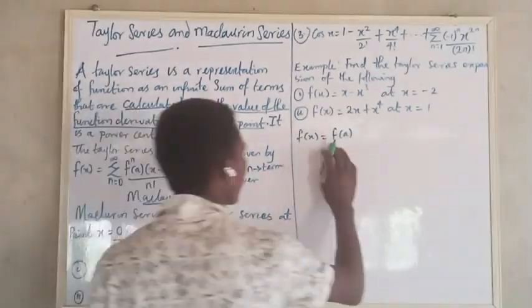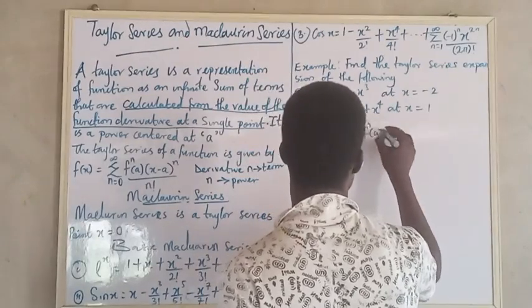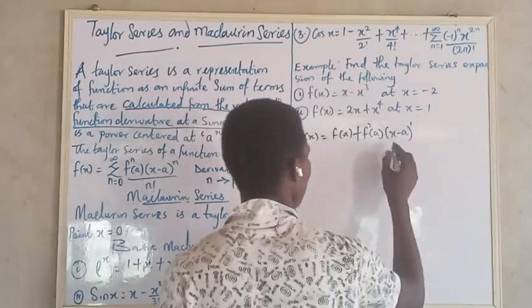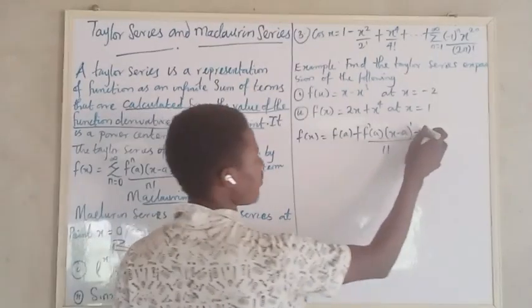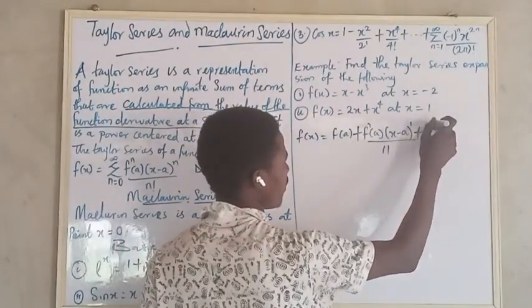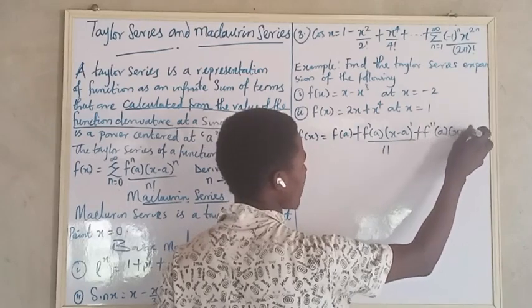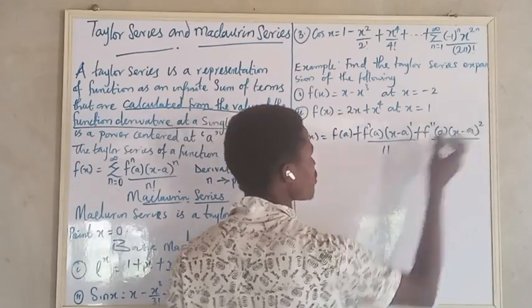So we have f of a plus f prime of a multiplied by x minus a raised to power 1 over 1 factorial. Can you see that now? Plus f double prime of a times x minus a raised to power 2 over 2 factorial.